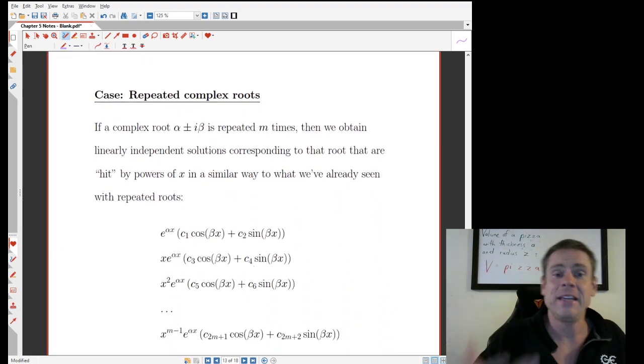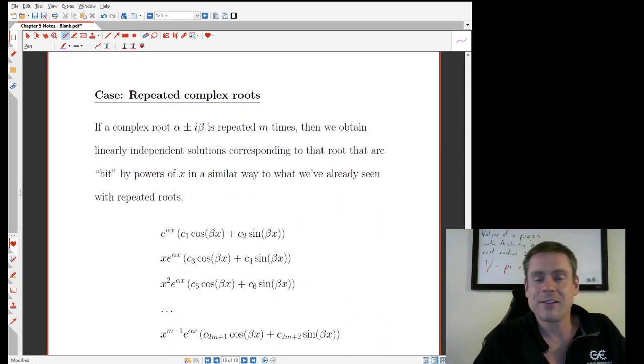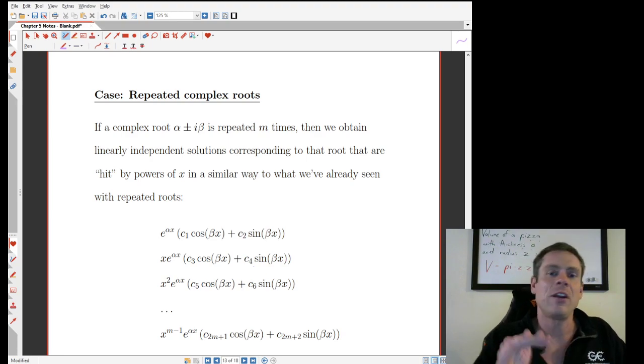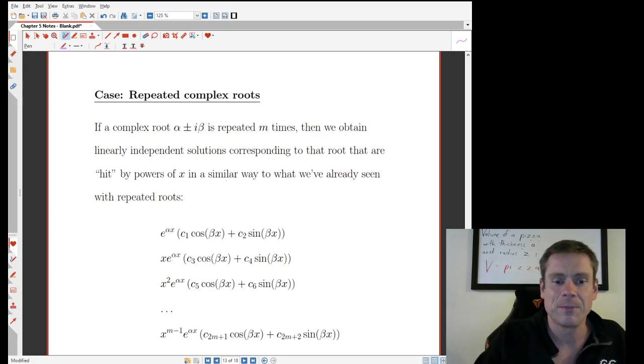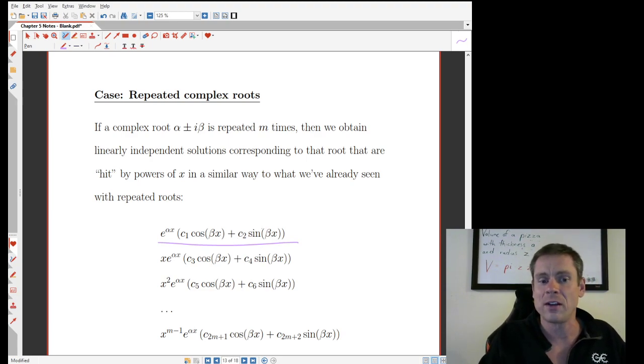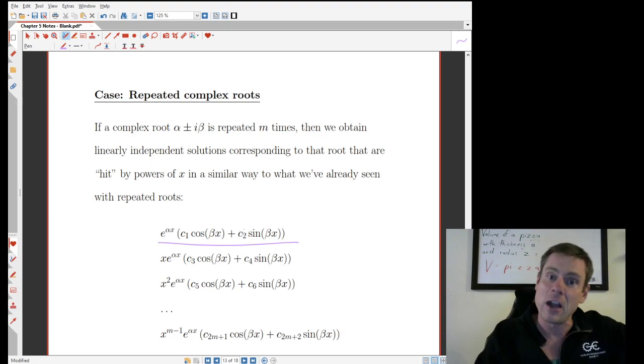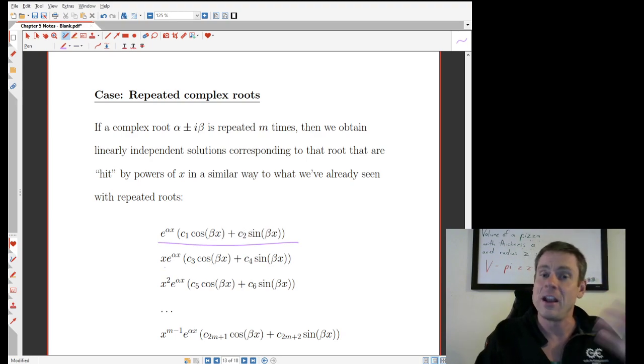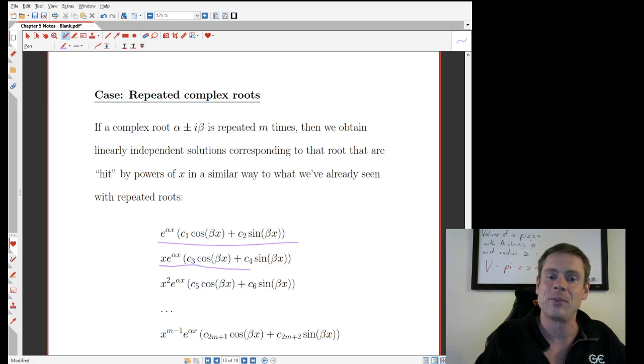When you get a repeated complex root though, it's kind of satisfying. We're not going to do the derivation here because it's really kludgy and really difficult. But you end up with this. You get kind of what you want to happen, thinking of what else happens with repeated roots for real. You get an exponential times cosines and sines. And if it's repeated, if you get the same alpha and beta in another complex pair, then it's repeated, you get x times the same thing.